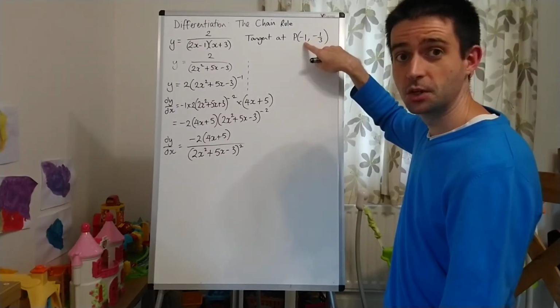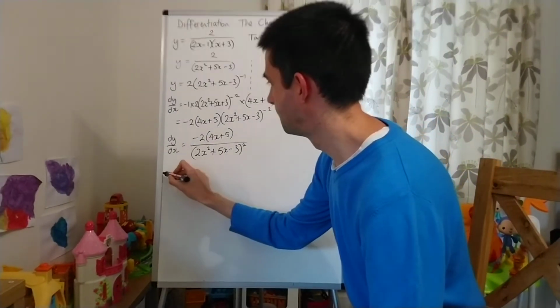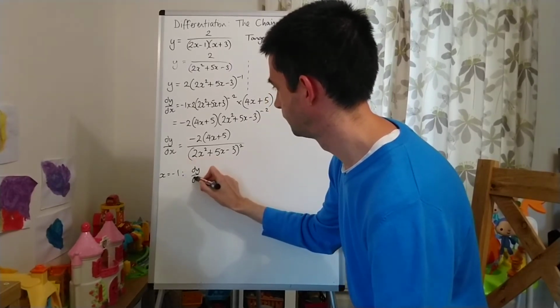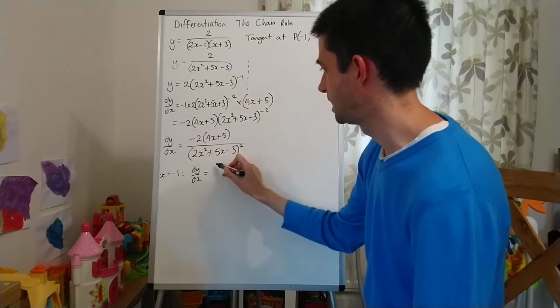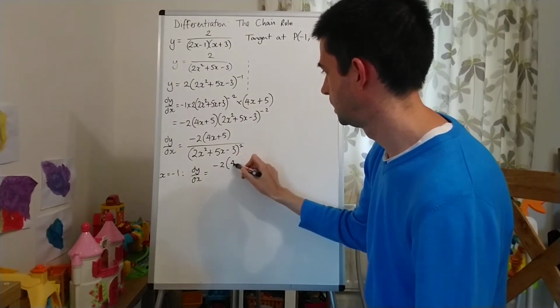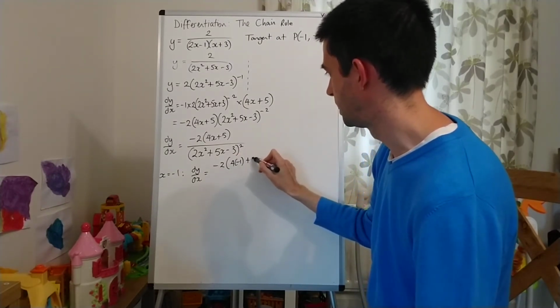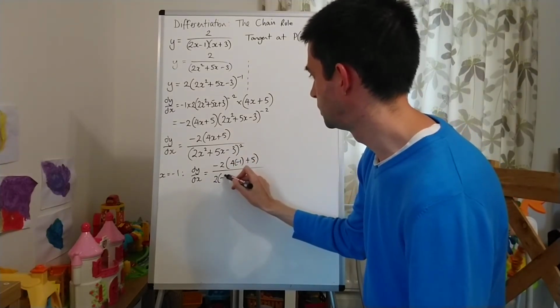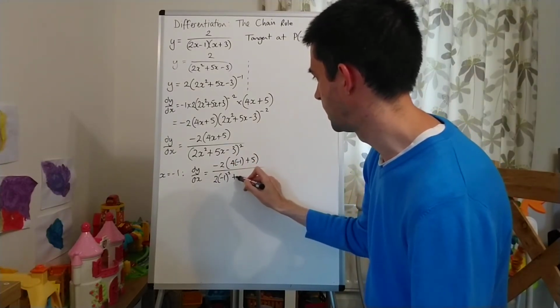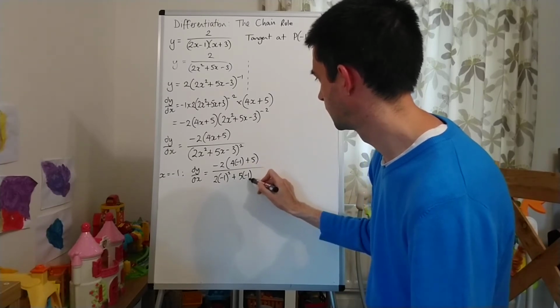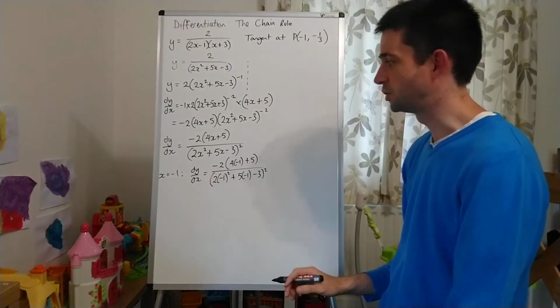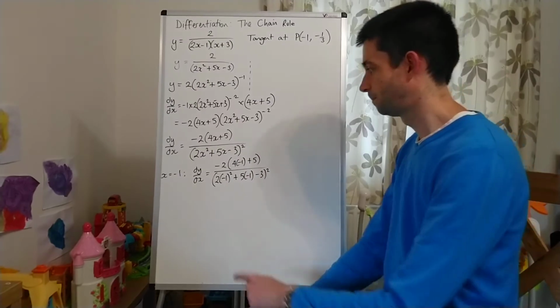So we use the x coordinate, which is -1, and substitute it into dy/dx to find our gradient. So dy/dx is going to be -2 times (4 lots of -1 plus 5) all over (2 lots of (-1) squared plus 5 lots of -1 minus 3) all squared.